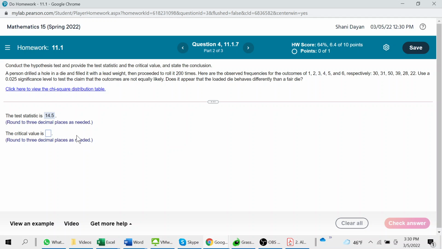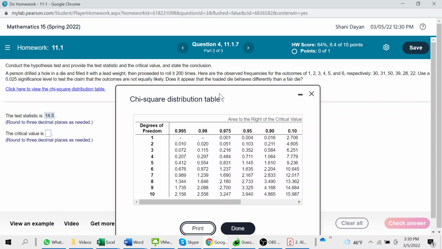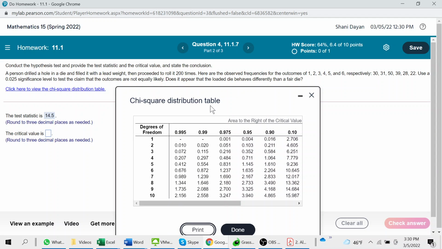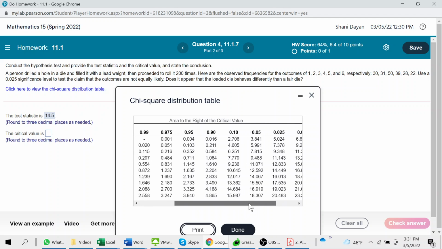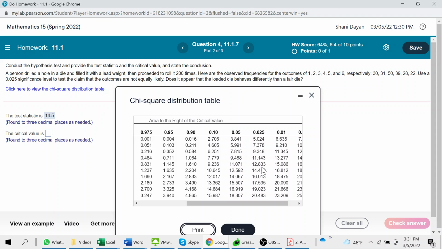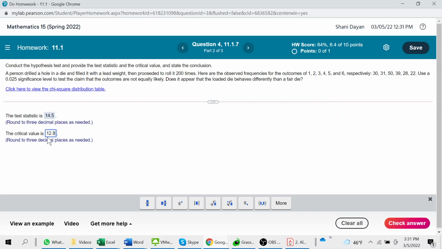Now the critical value: degrees of freedom is 5 since there are 6 outcomes, and the test significance level is 0.025. So 12.833 appears to be the critical value. Let's write this down. 12.833.